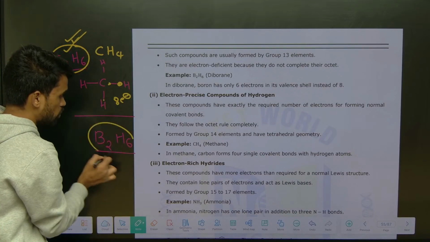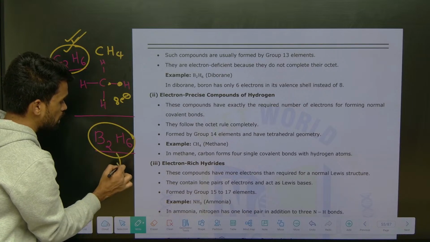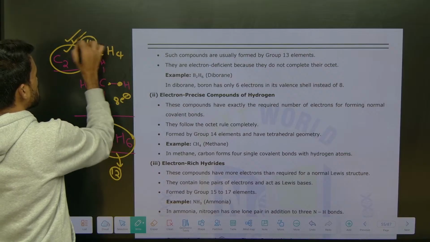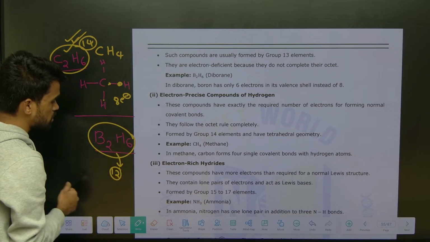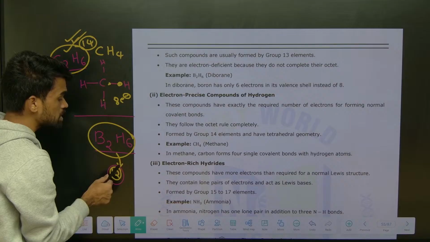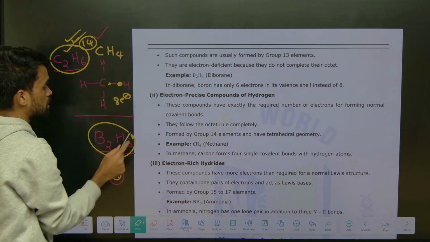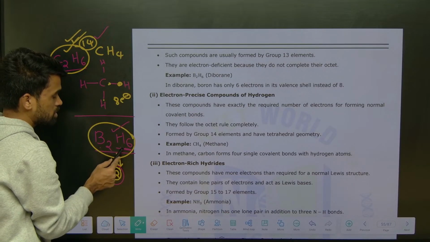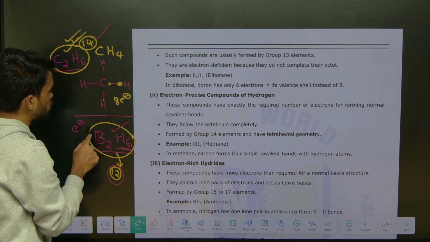But if you look at B2H6, it has only 12 electrons. 14 electrons would be sufficient, but here only 12 are there. It means 2 electrons are less compared with normal molecules. This is a hydride of boron, so this can be considered an electron deficient compound.